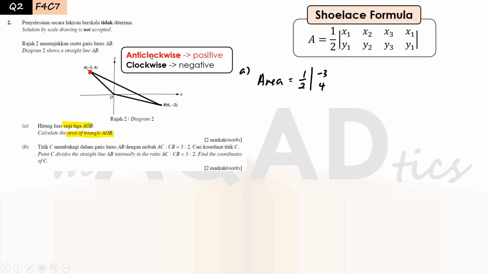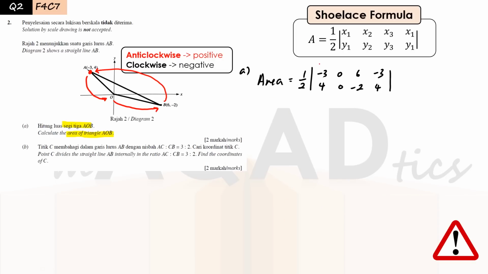Now we go the anti-clockwise way, so we go to point O, or the origin, so the coordinates here are 0, 0. From O we go to point B, which is negative 6, 2. And we go back to our starting point, so the coordinates of A will repeat twice. Please remember to go back to the starting point.